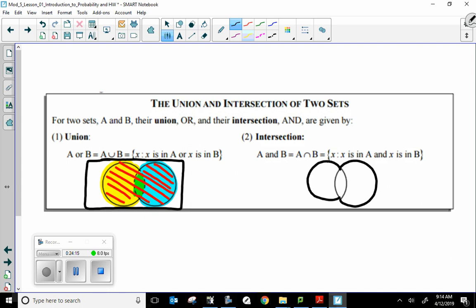When it comes to intersection, I only want in between where they overlap. The things that do both, or the people that are in 2 sports or 2 classes or whatever. I only want that middle overlap. That is intersection.